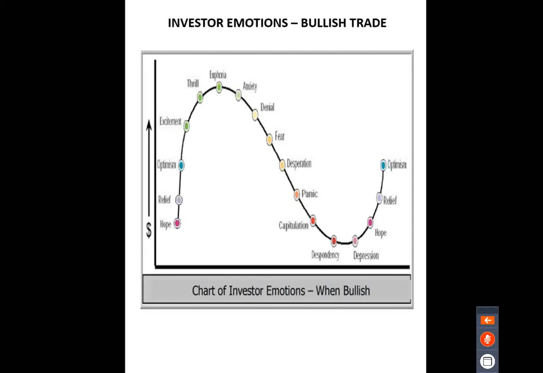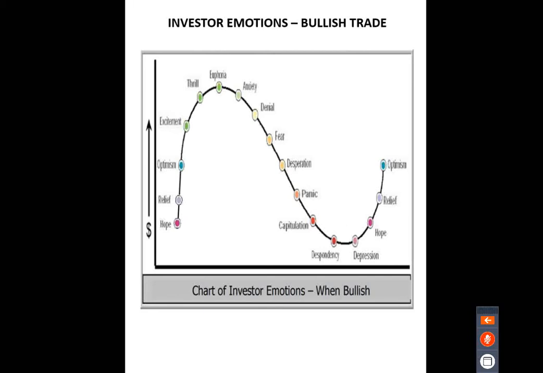What I want you to do is I expect you to have a little hope when you buy in. That's normal. I want you to get out anywhere between relief all the way up to thrill, maybe euphoria. If it gets to anxiety, you got to be gone. You should have been gone before that. If you're in denial, get the fuck out. Not get the heck out, not get the hell out, get the fuck out of there.